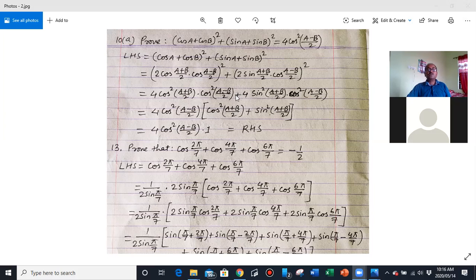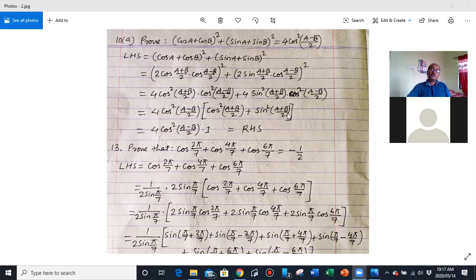Now you just observe the term left of plus and right of plus. 4 cos square (A minus B) by 2 is common. So 4 cos square (A minus B) by 2, take common, bracket, it will be cos square (A plus B) by 2 from left and sin square (A plus B) by 2 from right.